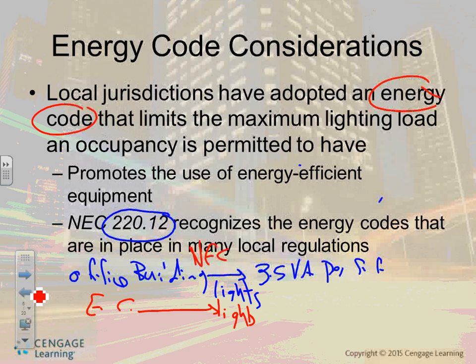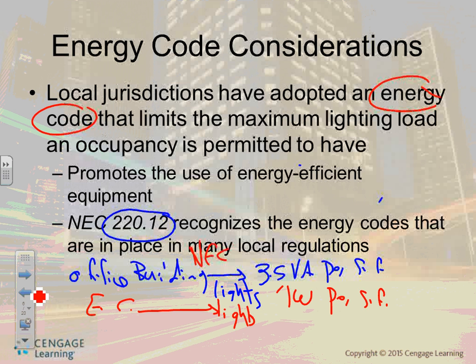Anybody guess? 1 watt per square foot. By the way, for the most part, treat the watt and the volt amp the same. To meet the energy code, you as designers have to design based on 1 watt. To meet the NEC code book, you need 3.5.